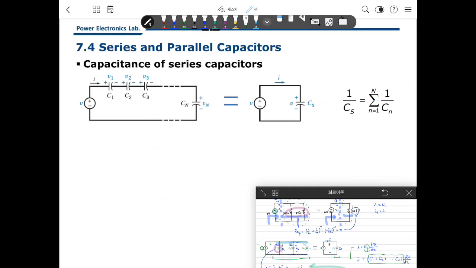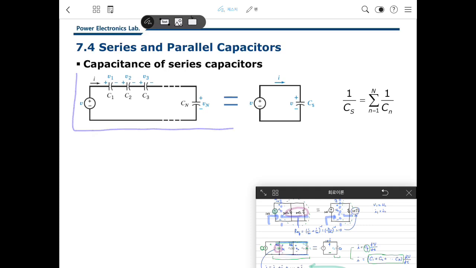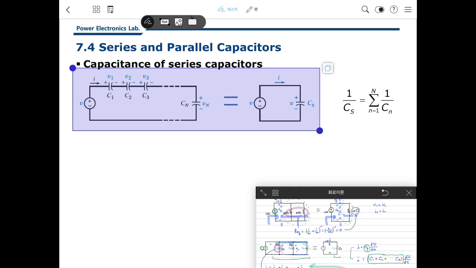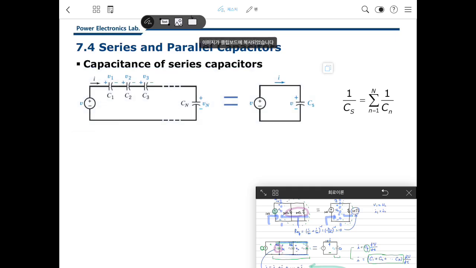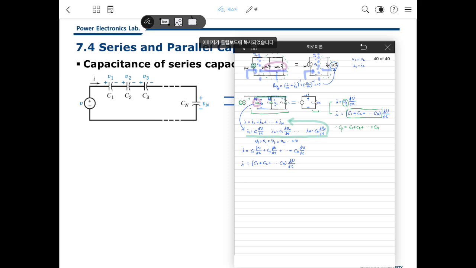Then how about the series capacitors? When capacitors are connected in series, we can get the equivalent capacitance. We can do this in the same way. This is the series capacitance here.